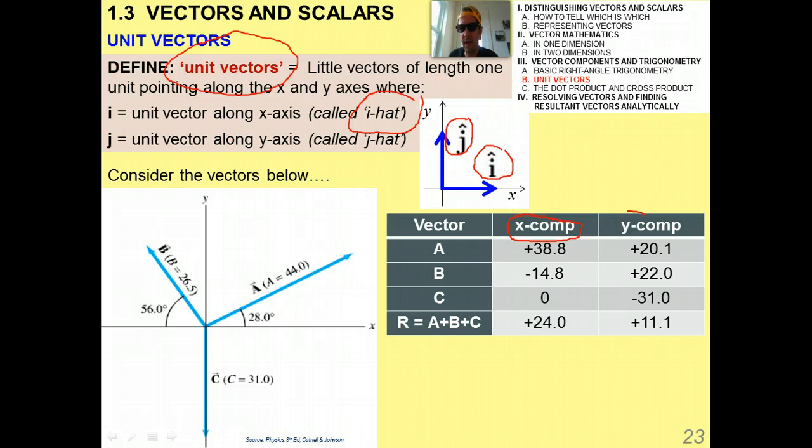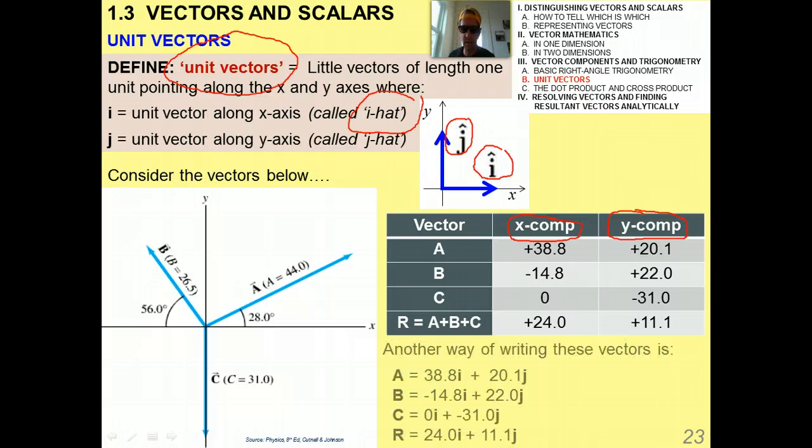And the rule of adding vectors that I discussed last time was that the x component of the resultant vector is the addition of the x components of a, b, and c, and the y component of r is the sum of a_y, b_y, and c_y. And I can write it like this, okay? Now, calculating each of these, you can check my math. I end up with r_x equals 24 and r_y equals positive 11, which means that this resultant vector points in the first quadrant, right? Because x is positive and y is positive, okay?